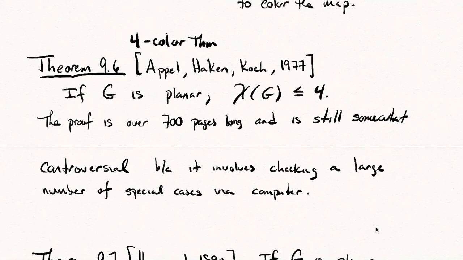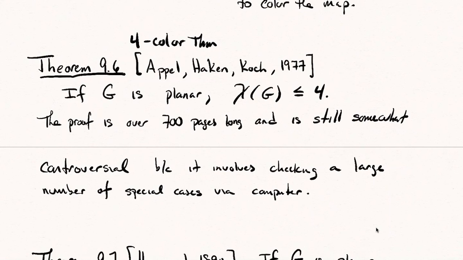And in its entirety, it's more than a 700 page proof that has many, many technical arguments. There are these notions of something called unavoidable configurations. And basically, I think the nuts and bolts of the proof, the 10,000-foot outline of the proof, is that they gave a mathematical argument that there was a finite and known list of these unavoidable configurations in a planar graph.